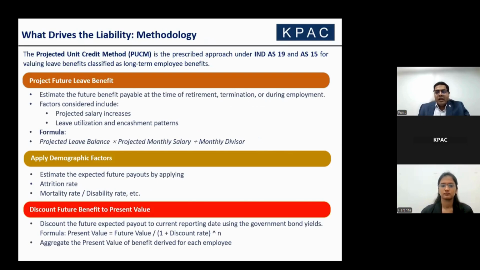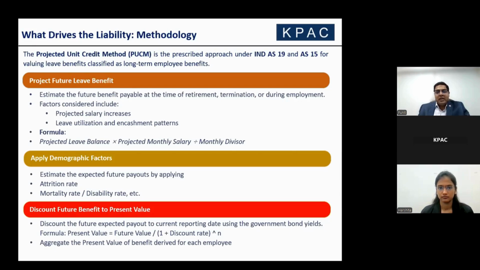Now, let's talk about the core of the valuation process, the methodology. The projected unit credit method is the prescribed approach under the accounting standards like Ind AS 19 and AS 15 for valuing other long term employee benefits, including accumulated leave benefits.